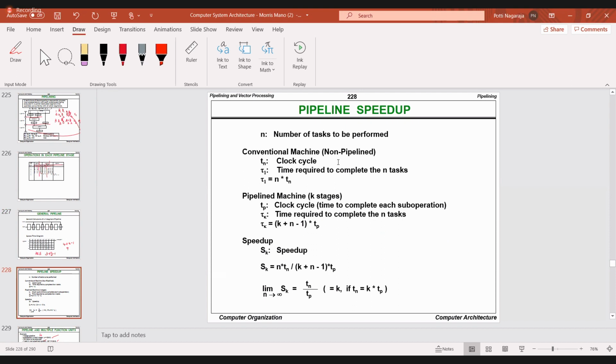What is non-pipeline? Tn is 1 clock cycle, and to complete n tasks it is n into Tn. Whereas in pipeline it is k plus n minus 1 into Tp. Dividing them, Tn by Tp, where Tn is K Tp, and K is the number of segments.